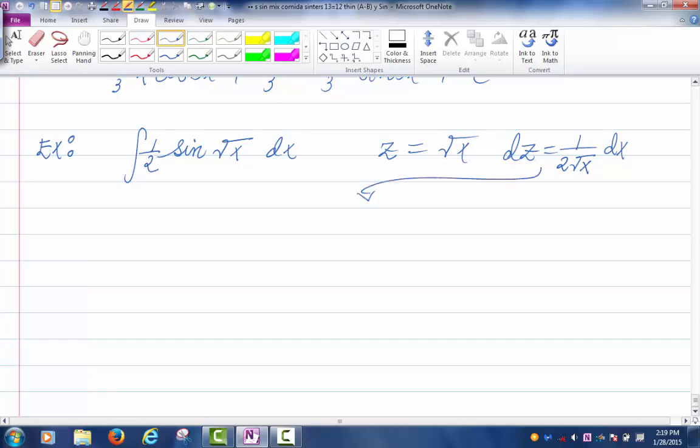Now, could I say that then dz is 1 over 2 times what? Root x is actually z, right? So I'm going to put that z there. And then notice that 2z dz is dx.